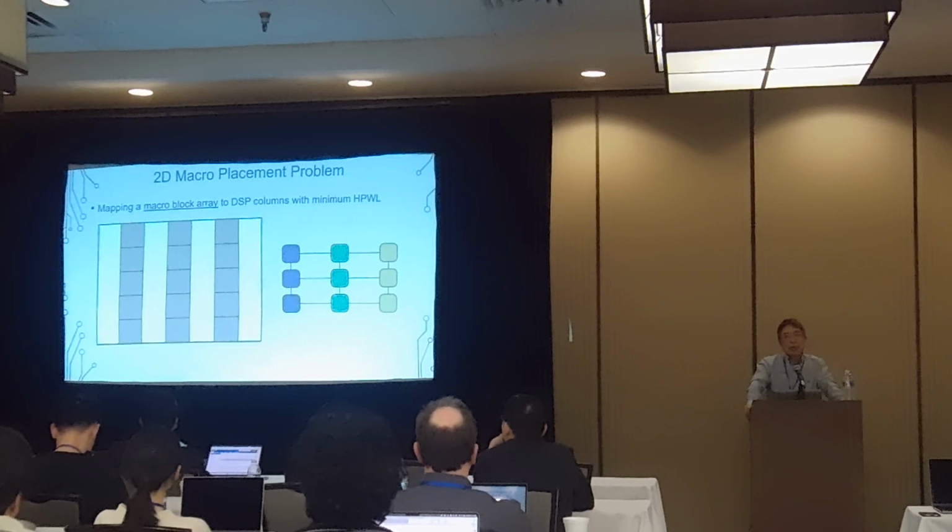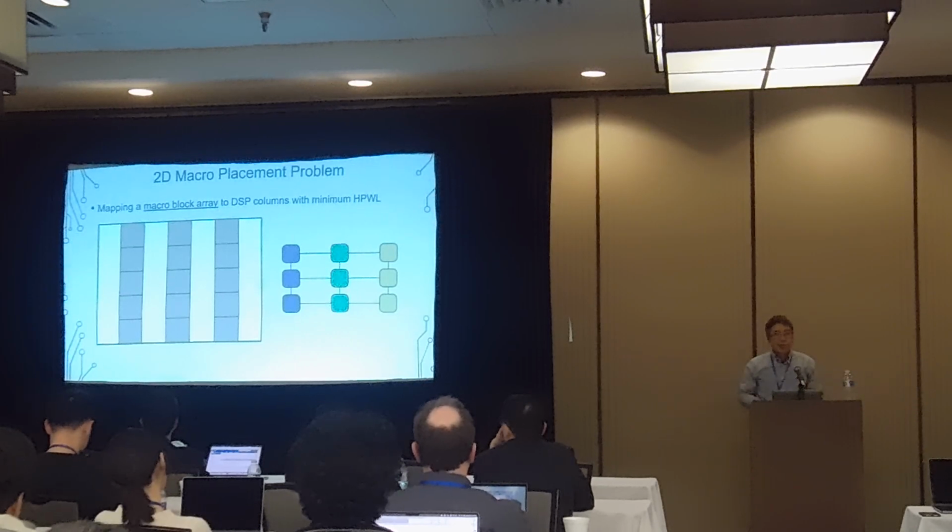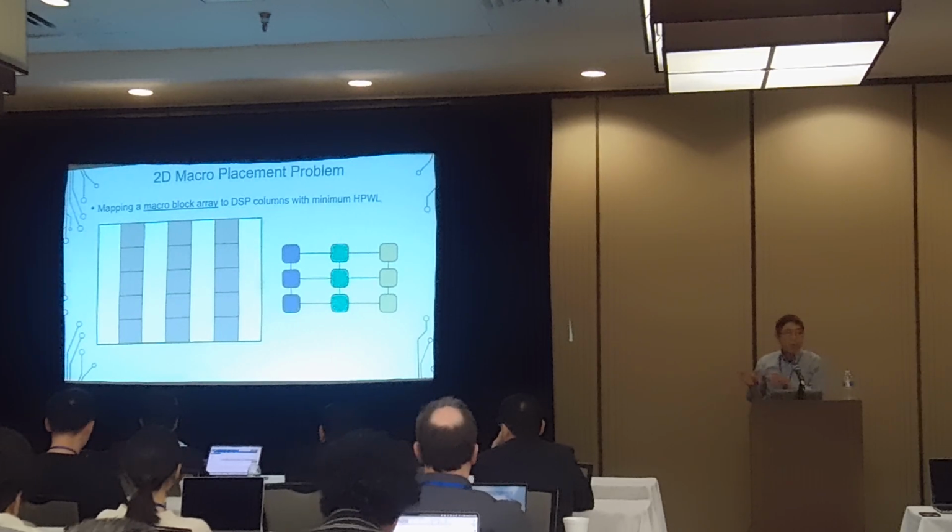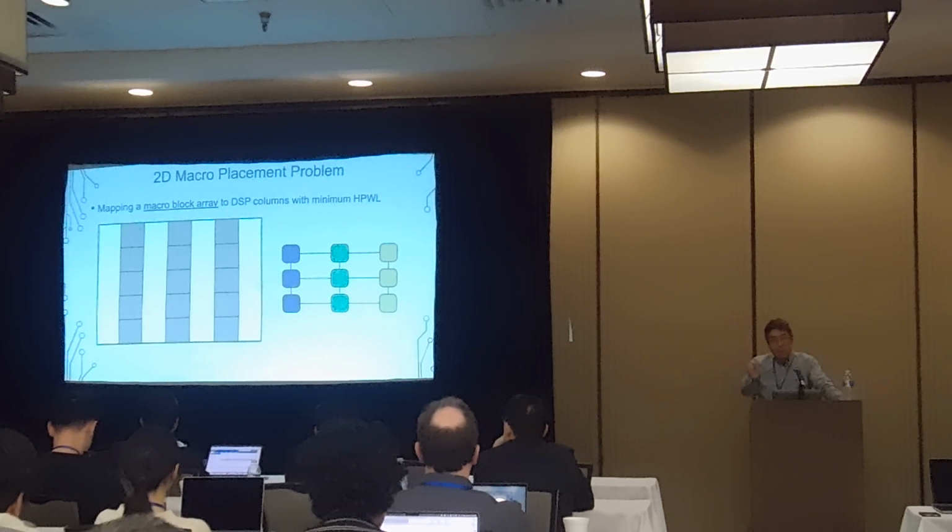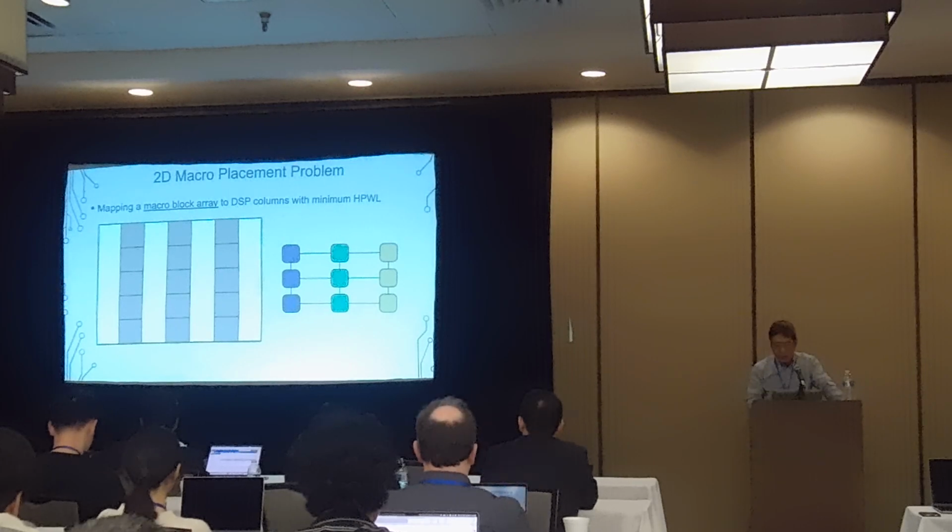But if we look at the FPGA architecture, we have only a few narrow and tall columns. So pretty much we need to partition the systolic array columns into partitions and pack multiple systolic array columns into one DSP column. So that is the one special problem.